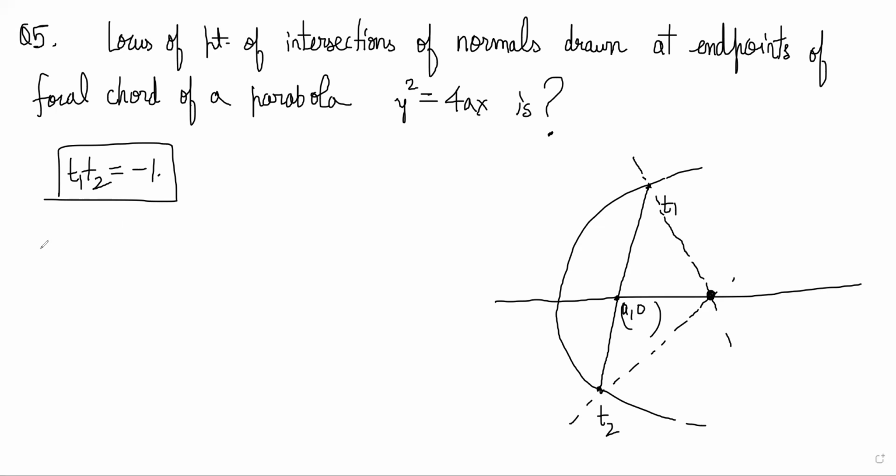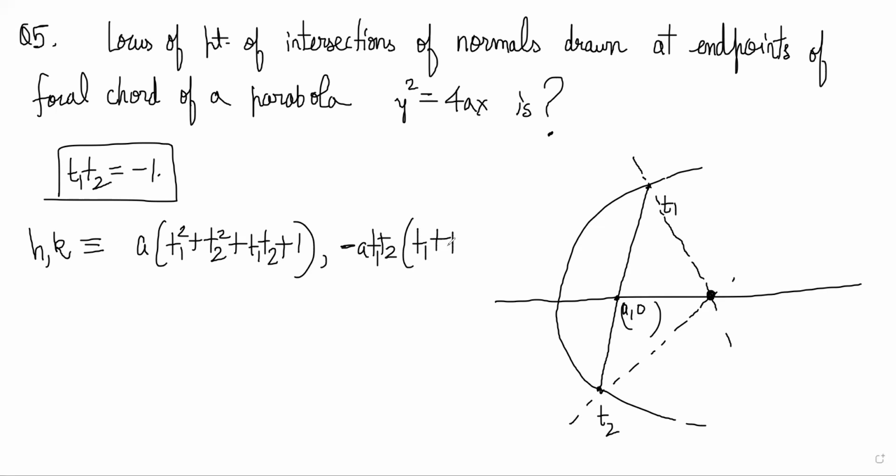The point of intersection of normals, let's call it h comma k, will be a(t1 square plus t2 square plus t1 t2 plus 2) comma minus a t1 t2 (t1 plus t2). It was plus 2 here, everything else is fine.